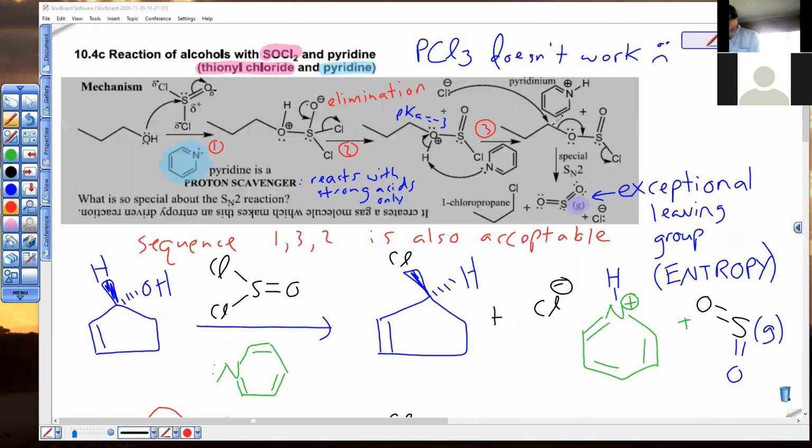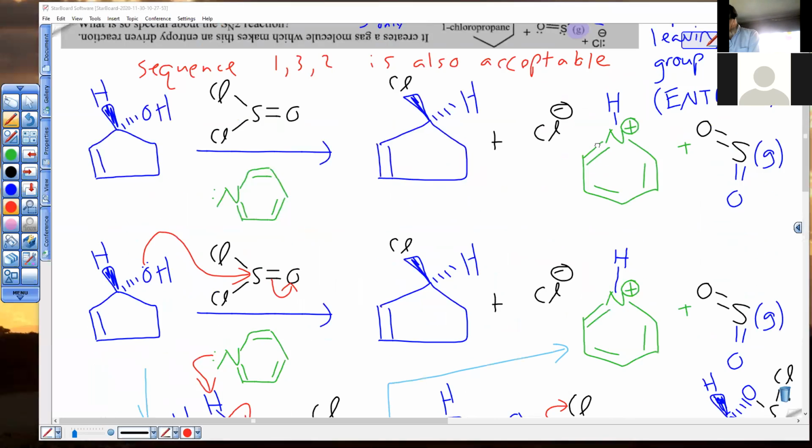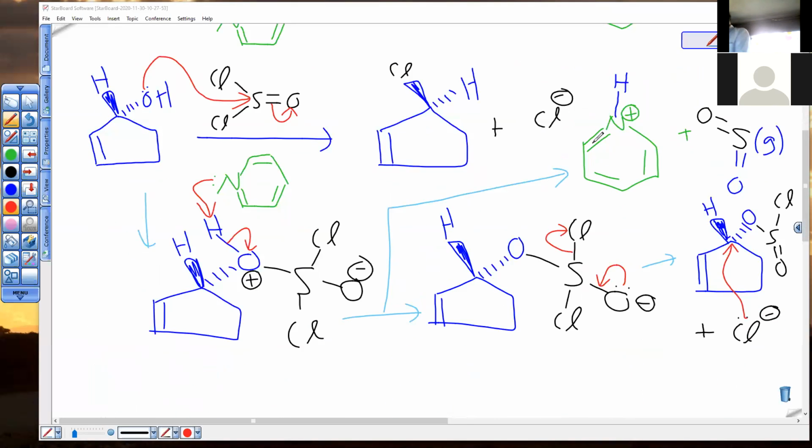Sigma bond between carbon and oxygen becomes double bond between sulfur and oxygen. And Cl minus does what Cl minus does, leaves. And that gives the other products.